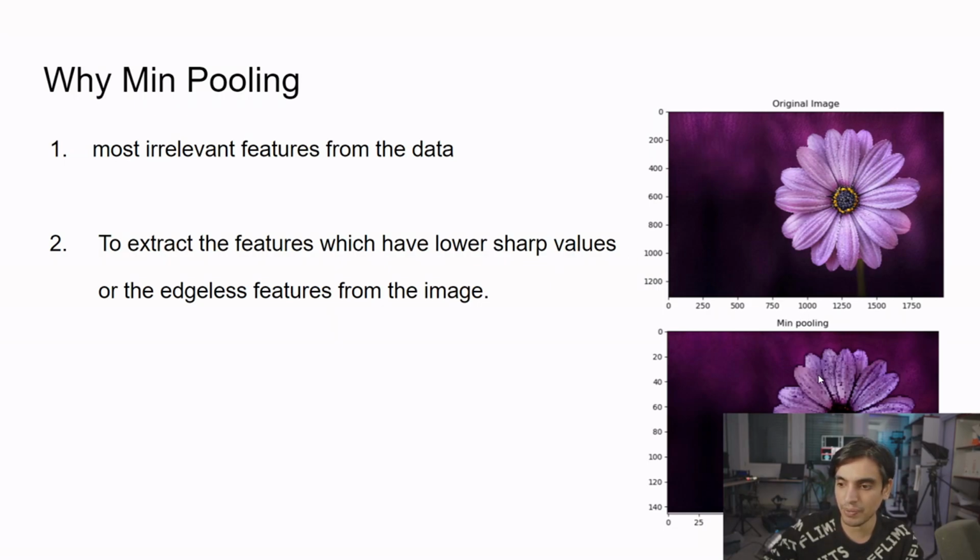If we apply min pooling, we will get a new image which is built from the low sharp values of this image, and it is also in reduced dimension. So this is when we need to apply the min pooling method. If you need the low sharp values from the image, you have to apply min pooling.